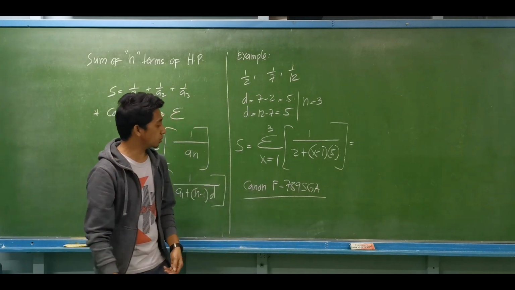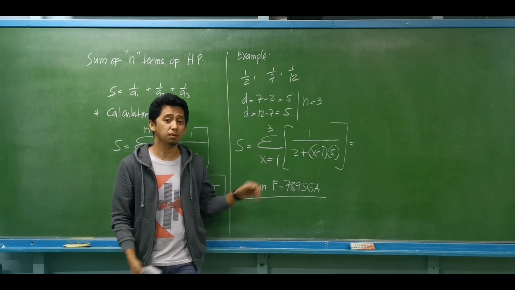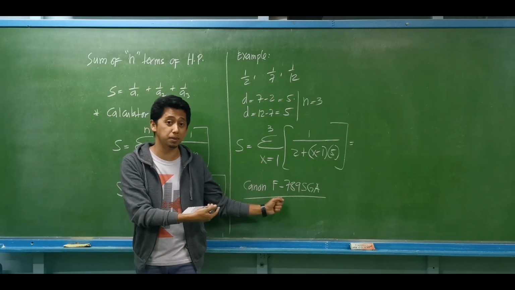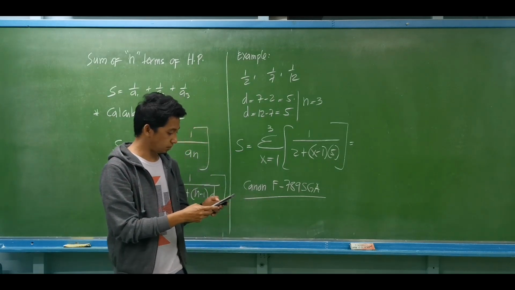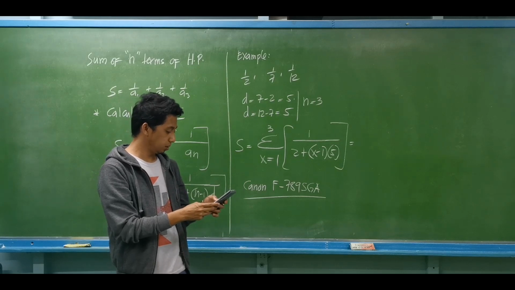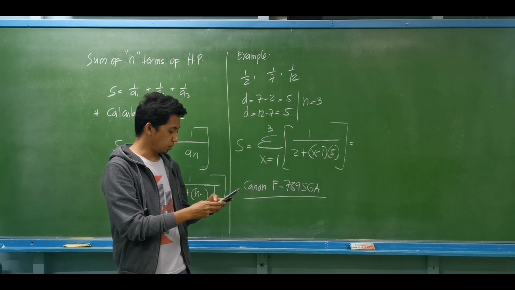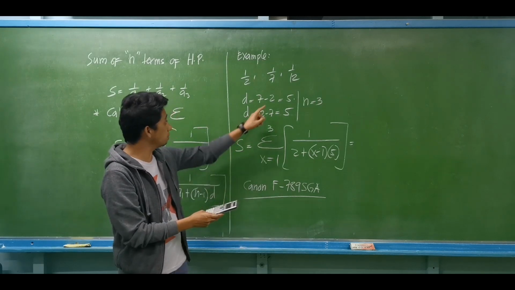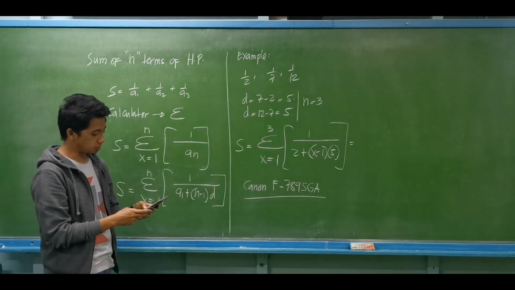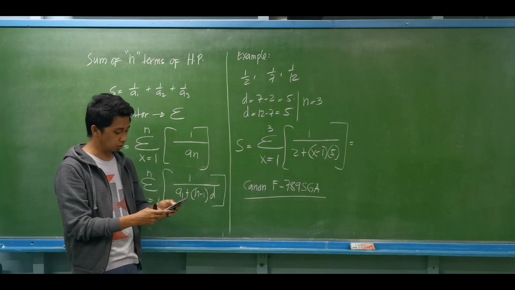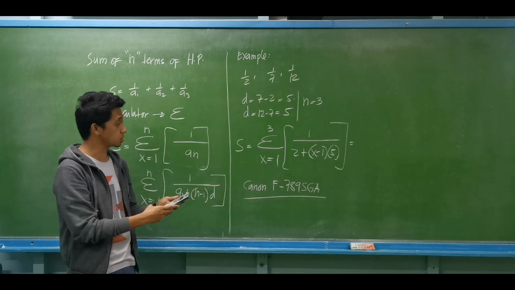There are several calculators having the sigma function, the summation function, but this calculator is allowed by PRC for the civil engineering board exam. If you are to input that sigma, that is function number 2, from 1 to 3, then 1 over, the first term is 2 for the arithmetic progression, then plus, we don't have n in the calculator, we are using x, so it's alpha x minus 1 multiplied by the common difference, which is 5.